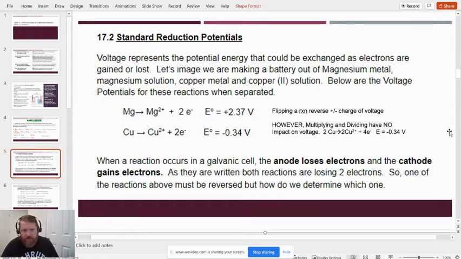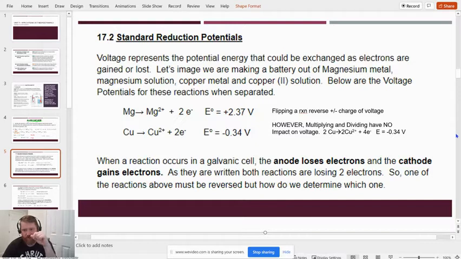That feels like I'm saying something wrong because that's very different than Hess's law. But flipping a reaction does change the voltage. What does doubling it change? It changes the number of electrons, which changes the electrons per second.